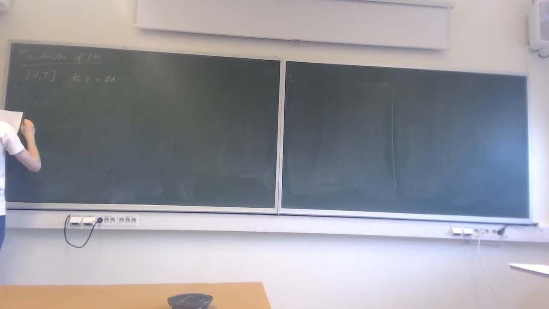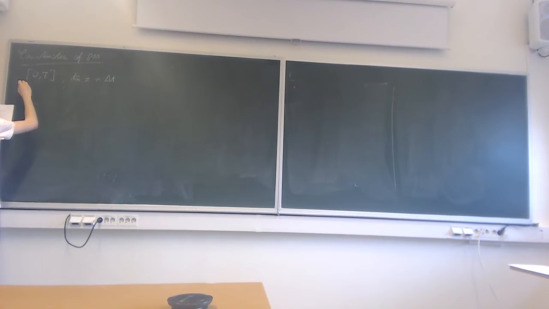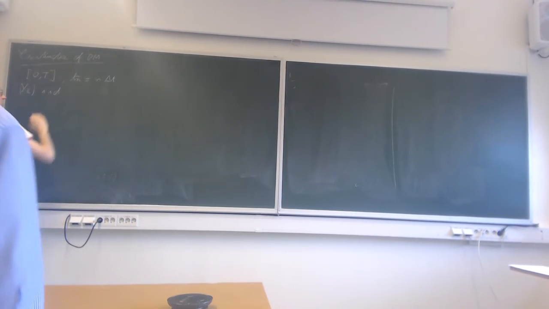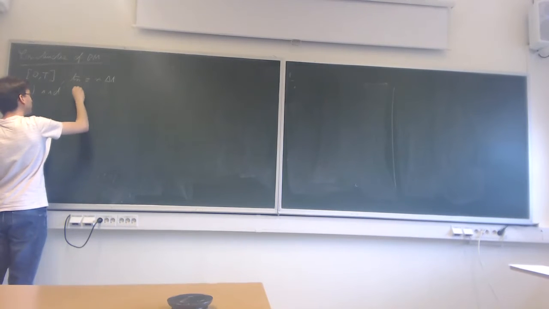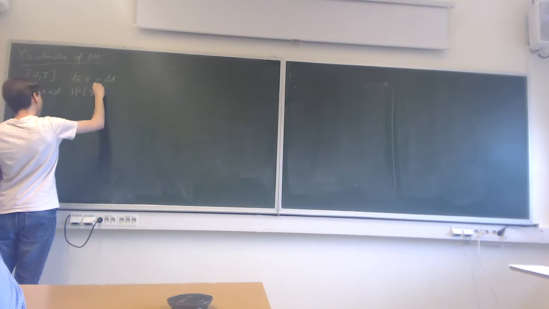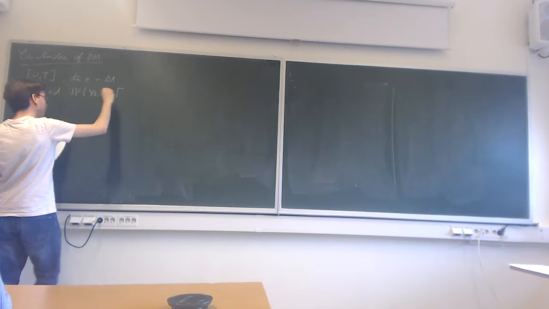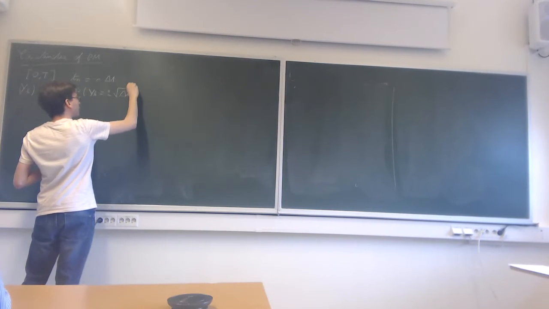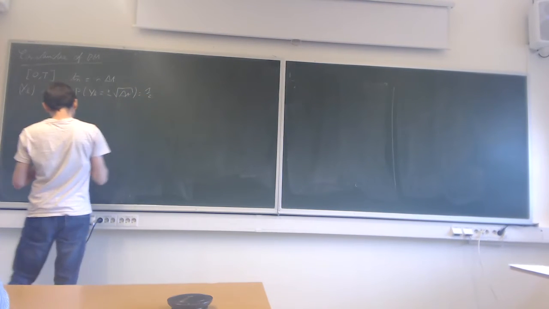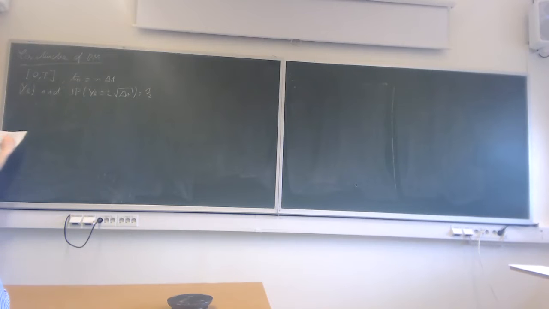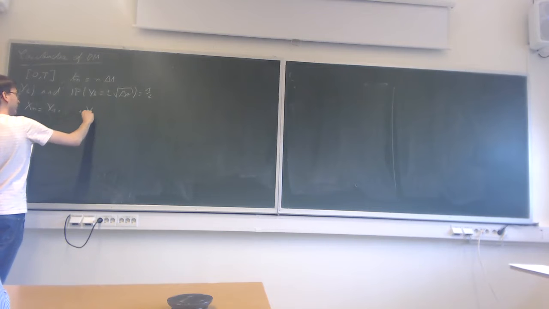We take a list of random variables Yk, with probability of Yk equal to plus or minus square root of delta t equal to a half. We consider Xn equal to Y1 plus ... plus Yn.